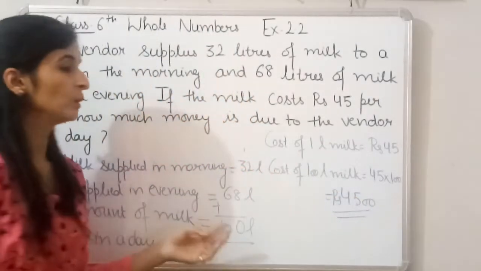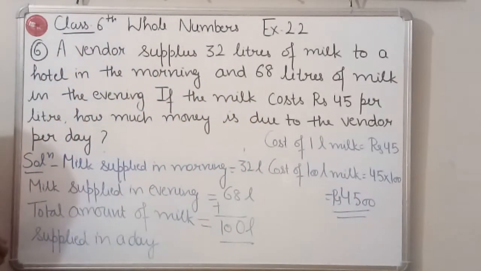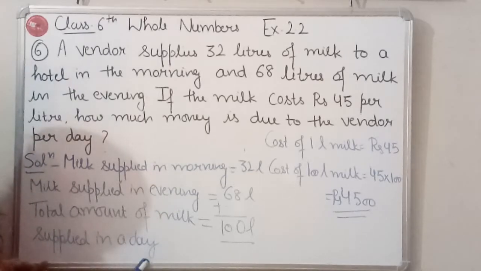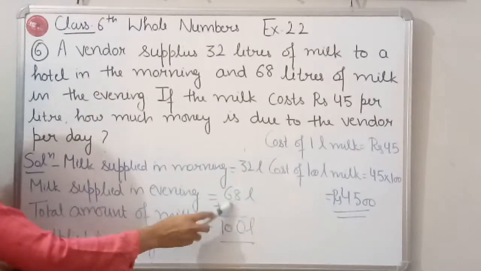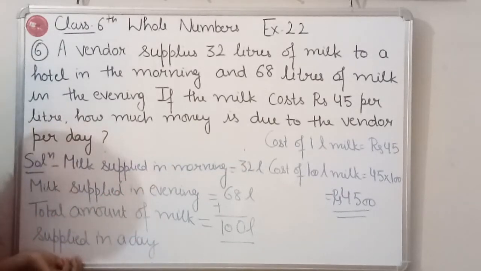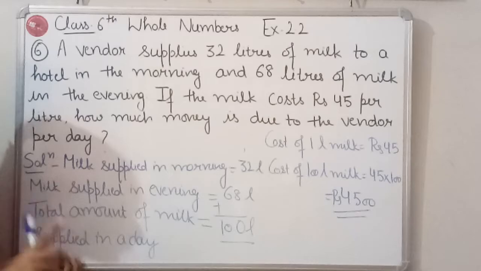Fine. So what we have done, we had given the milk supplied in the morning and the milk supplied in the evening. Then we have found the total amount of milk supplied in a day. 8 plus 2, 10. 6 plus 3, 9, and 1, 10. So that is 100 liters. Now we have got the milk supplied in one day.